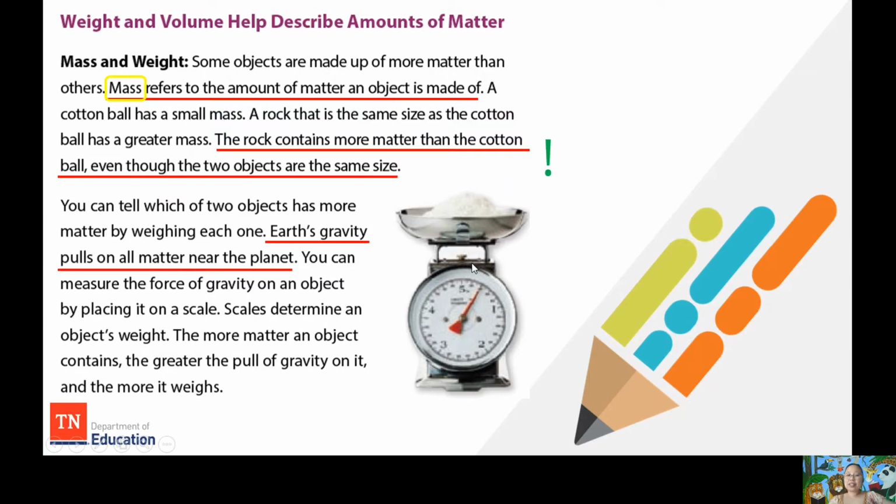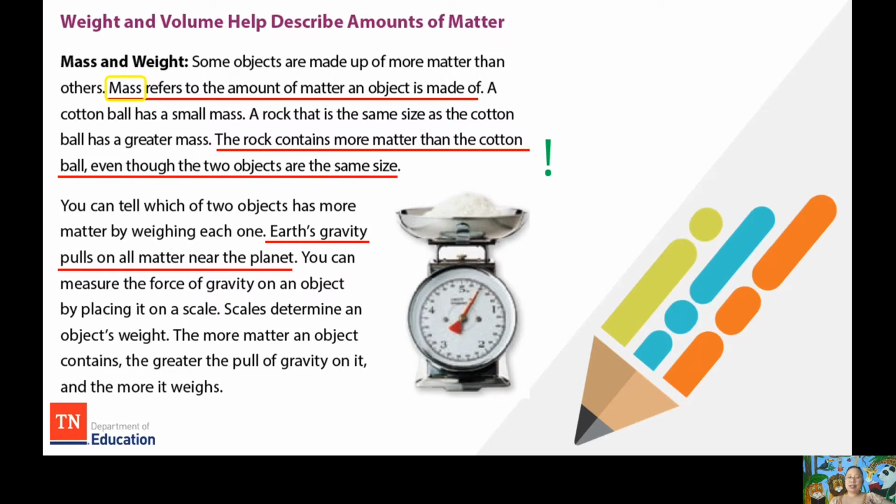So you can see from this tool that it doesn't measure how big something is, because when you put something on the scale, it pushes down on it, and it tells us how much it weighs. Scales determine an object's weight. The more matter an object contains, the greater the pull of gravity on it, and the more it weighs.